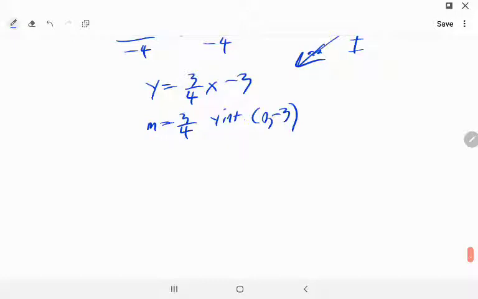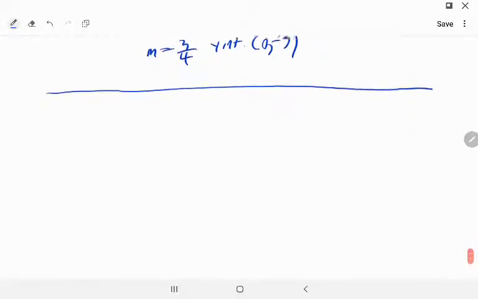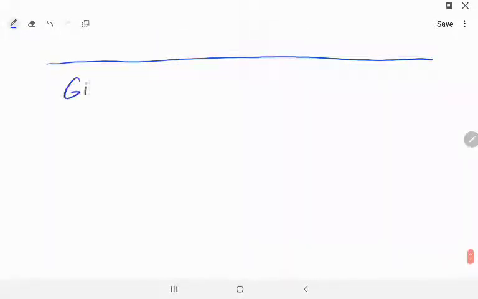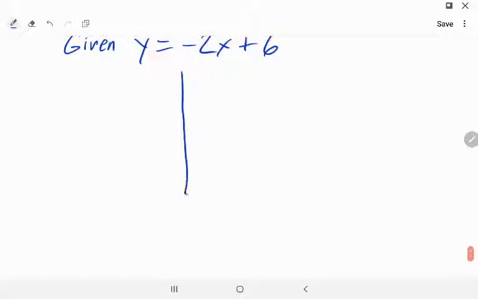So we'll do a couple examples of that. We notice that if we're given y equals negative 2x plus 6, and we're going to graph that, again, we're going to look for the y-intercept, 1, 2, 3, 4, 5, 6, and then the slope is negative 2, so we can go down 2 over 1, down 2 over 1, down 2 over 1.